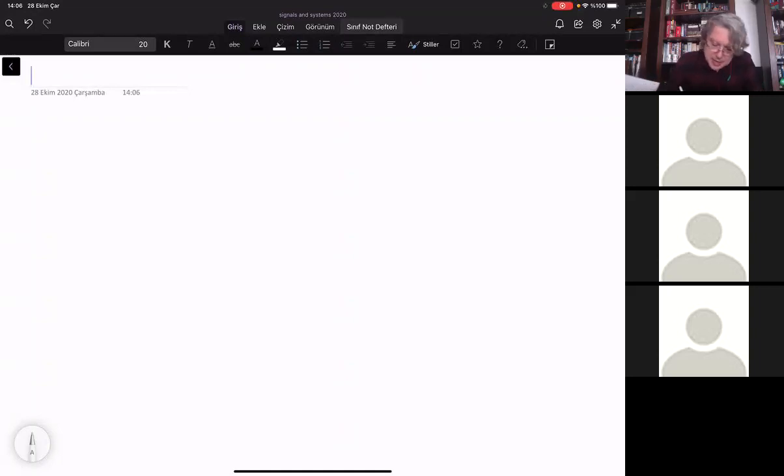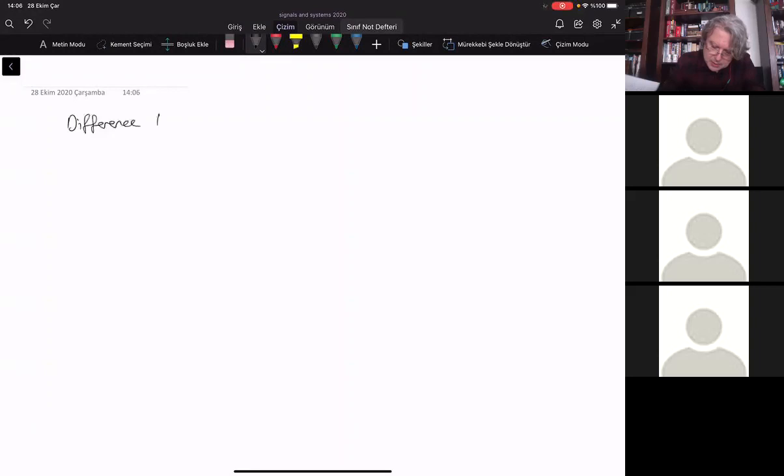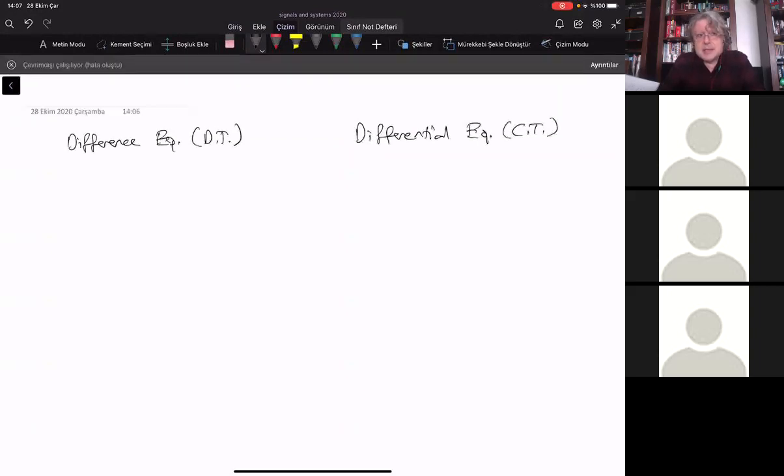So we may either have a difference equation for discrete time systems, or a differential equation for continuous time systems. We will start with the difference equations for discrete time systems because it's easier.